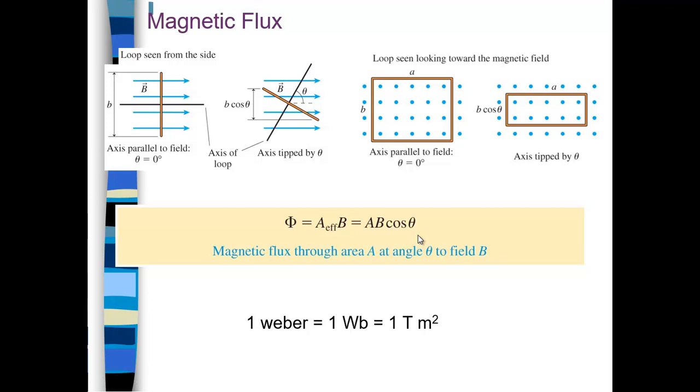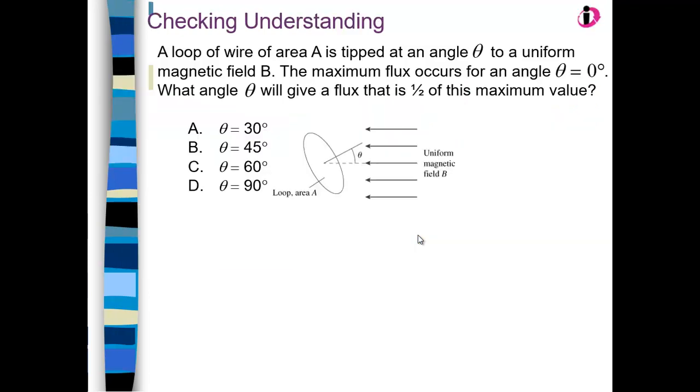Okay, magnetic flux is measured in Webers, and this is an important phenomenon because as a current loop is rotating around, the magnetic flux is changing. A Weber is equal to a Tesla times meters squared.